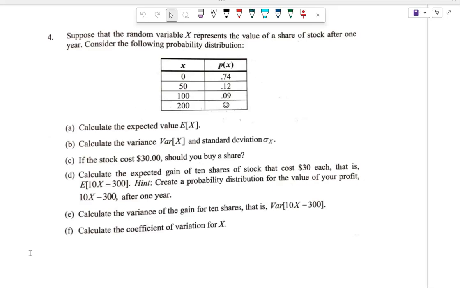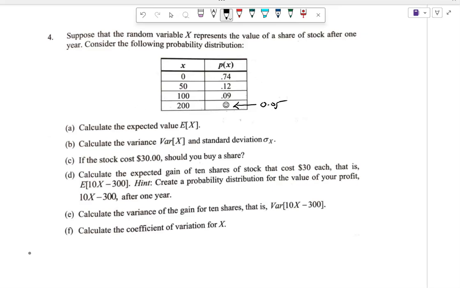Yeah, 1 minus the sum of the other ones, right? So we can figure out what that value of smiley face is by adding up the other values and then subtracting from 1. Looks like when you add up those other ones, you get what? 0.95? If I added it correctly? Yeah. So this value here should be 0.05.